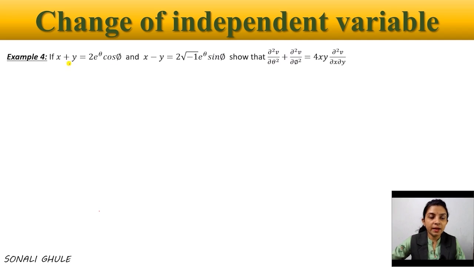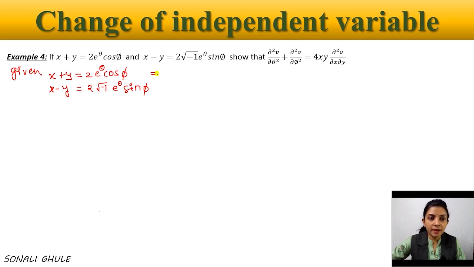Right? So what can I write? First of all, I have to find a value for x only and then a value for y only. So first of all, write down the given part. It is x plus y is equal to 2 e to the power θ cos φ, and x minus y is equal to 2 root minus 1 e to the power θ sin φ.